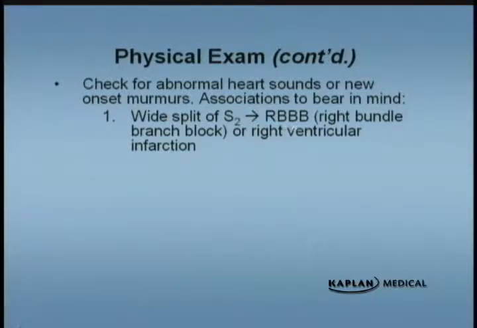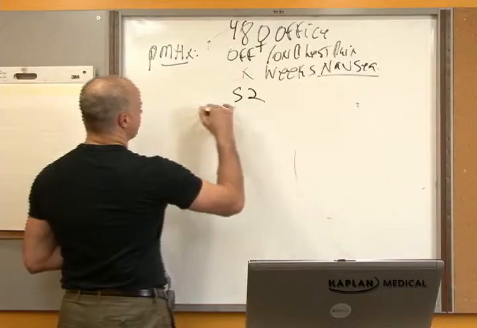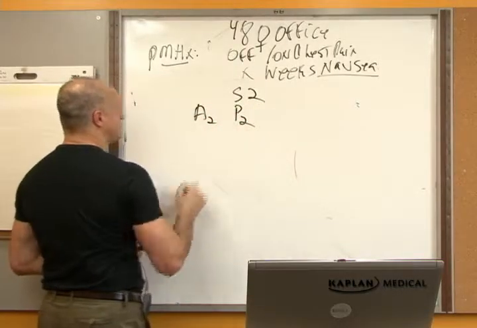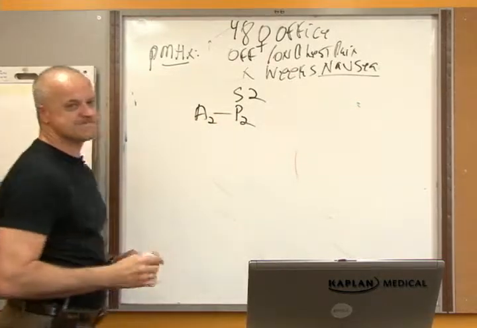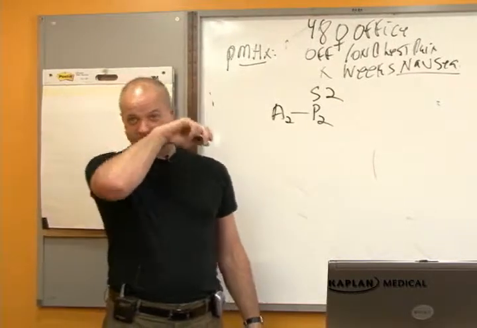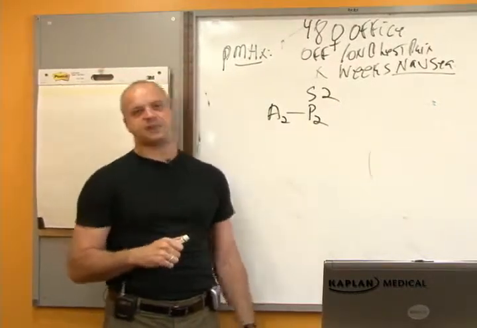Let's look at our first line here. Wide split of S2. Normally, an S2 is divided into an A2 and a P2: aortic valve, pulmonic valve.